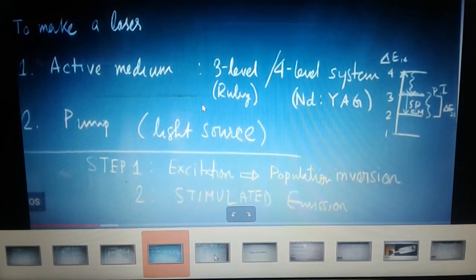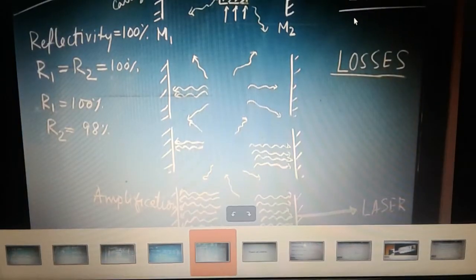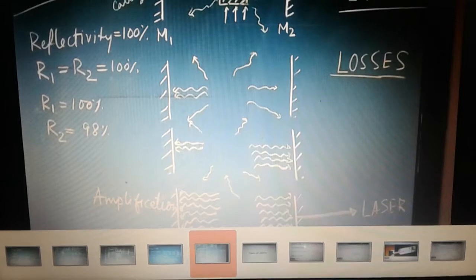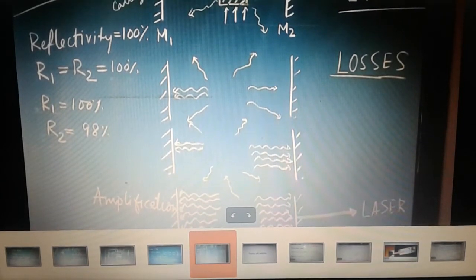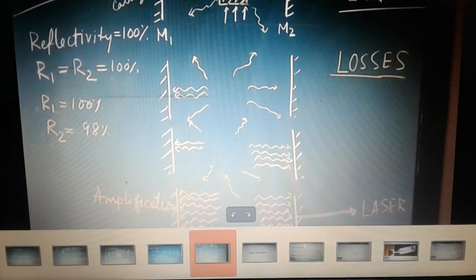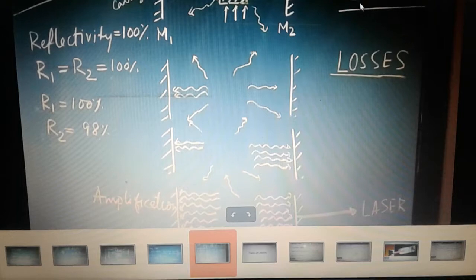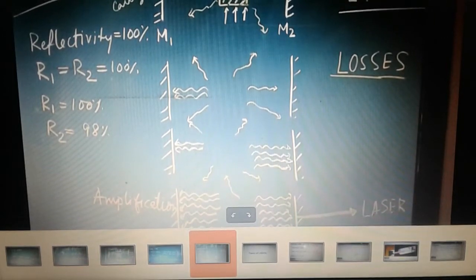Now as we know, laser means light amplification by stimulated emission of radiation. On this slide you can see on the extreme right side that the A stands for amplification. So amplification is achieved by the third component of the laser.